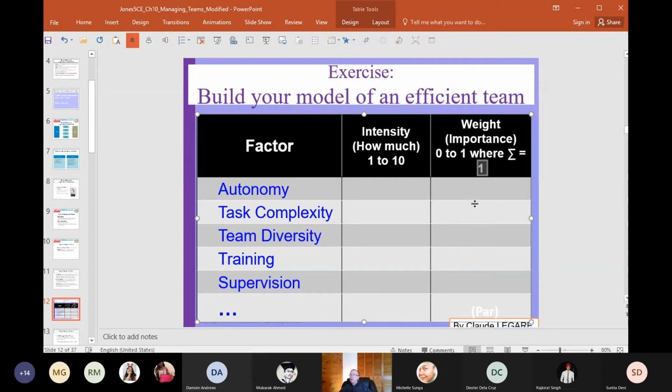Because you want to explain 100% of the efficiency. The variables here explain 100% of the efficiency of a team, right? So I would like you to try that, and we'll be back in a few minutes to maybe take one example of what you guys have found out or determined about the efficiency of a team.